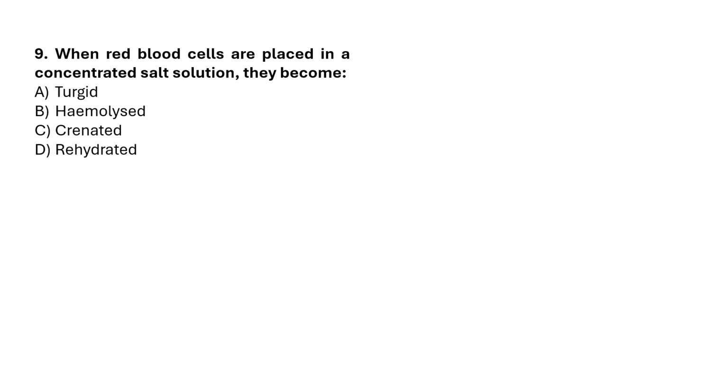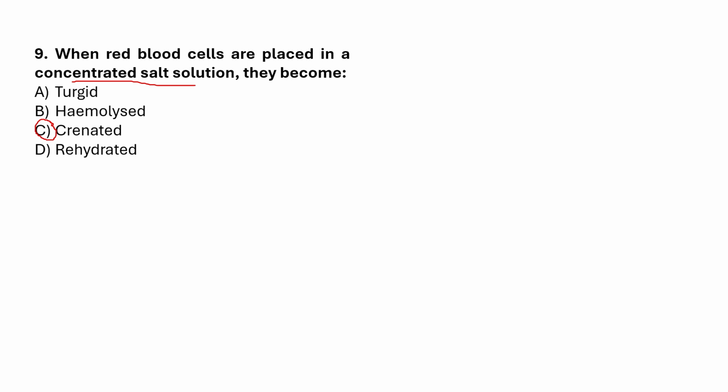The next one is, when red blood cells are placed in a concentrated salt solution, what will they become? They will become turgid, hemolyzed, crenated, or rehydrated. The answer is C, because a concentrated salt solution has a lower water potential.